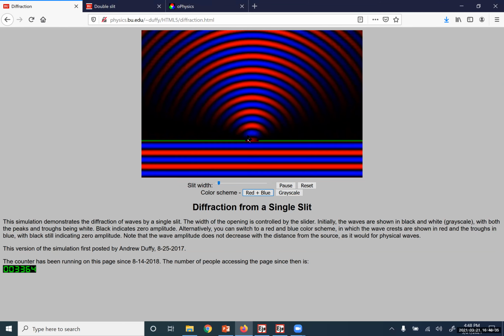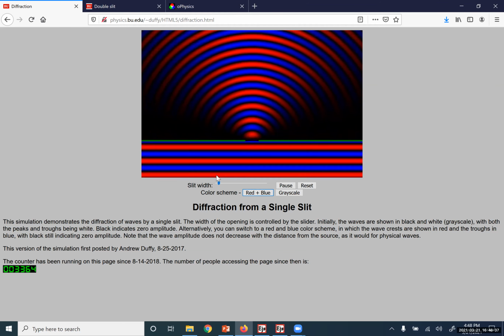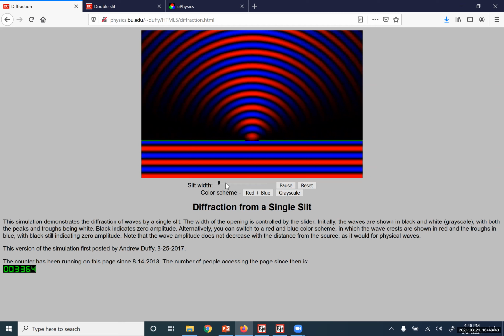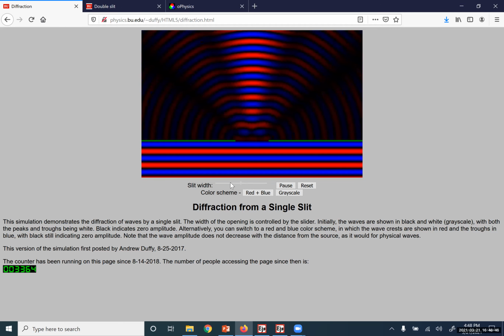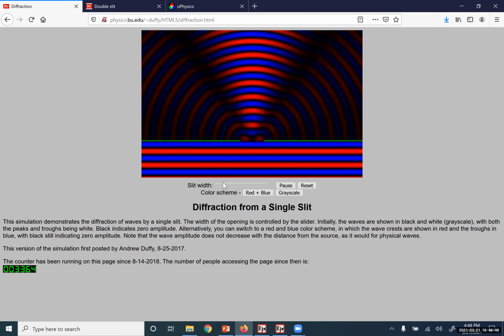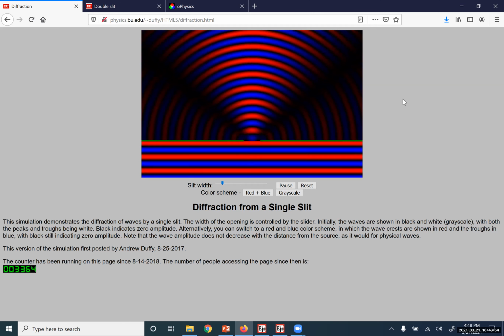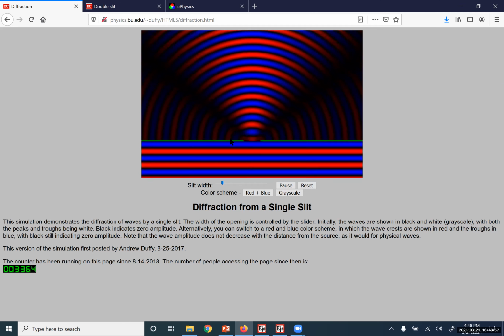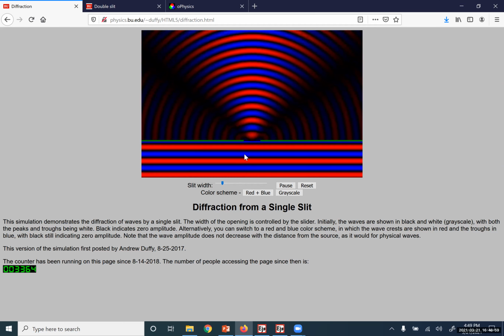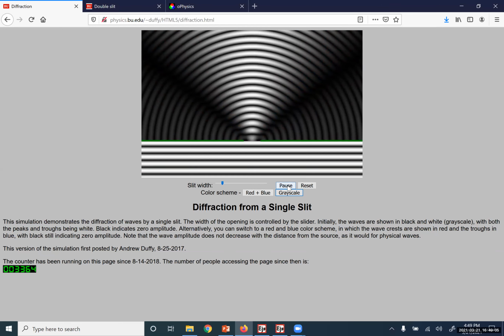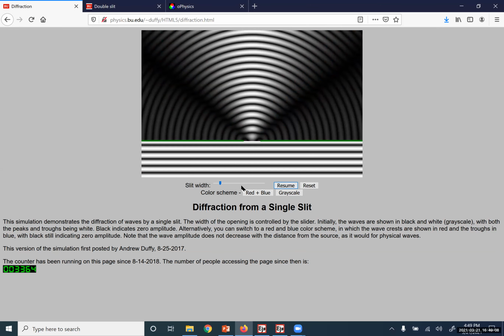You see one could be trough, the other could be crest. We can change the slit width, the opening, and if you change it, the pattern also changes. Whether the opening is bigger or smaller, you see light is bending. We can pause it, so you can play with the simulation.